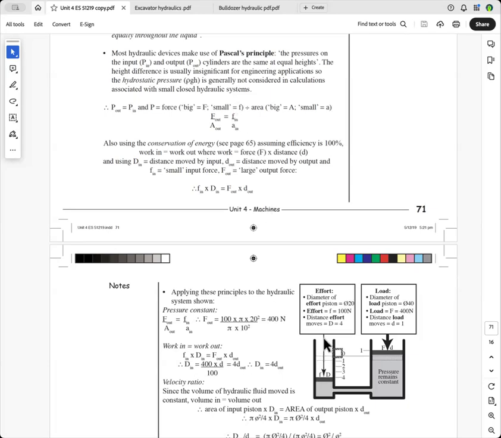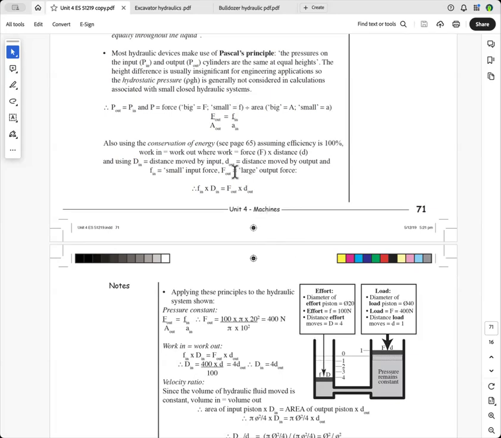So obviously with the input, you want to have a small force there, and you want to have a big force coming out here. So I've used big F for the big load force and small f for the small input force.